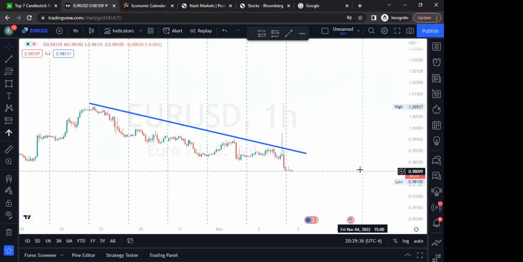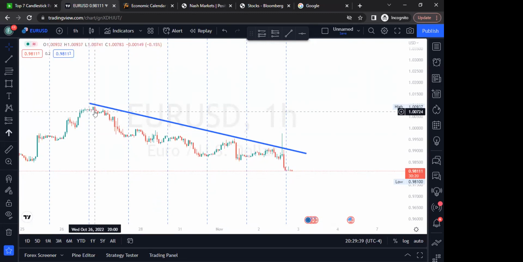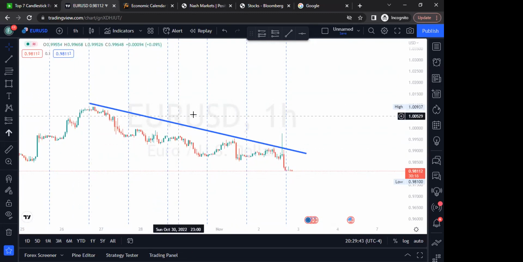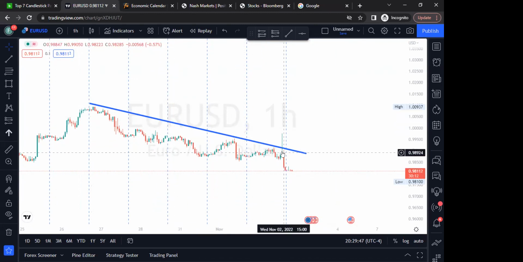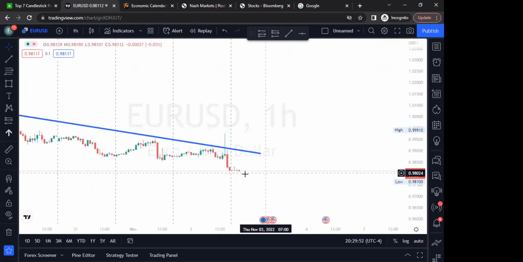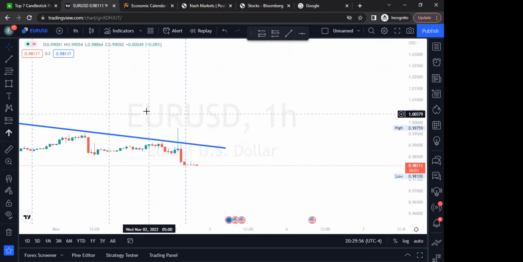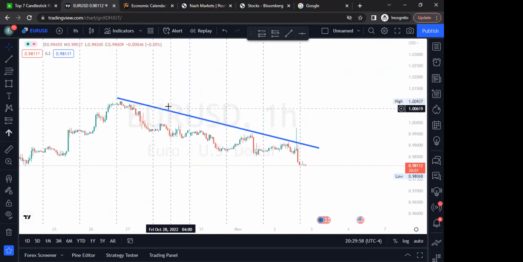But to identify the trend, all you have to do is draw a line out. If price goes down or up along that line, you know you have an uptrend or a downtrend. But once price goes above the line and closes, meaning the body of the candle is above the line, that's how you know you will most likely have a reversal in the trend.